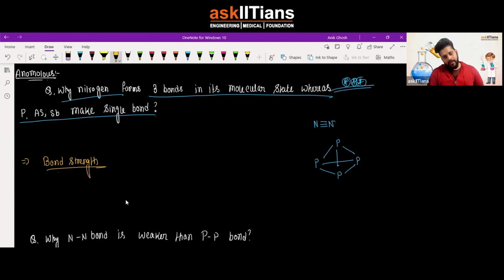So as you can see, when we are bonding between two nitrogens, this bond is formed by 2p overlap. When we are talking about phosphorus bonding, this is 3p overlap. Then arsenic bonding is 4p overlap.